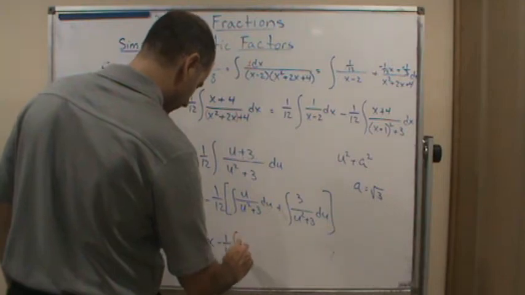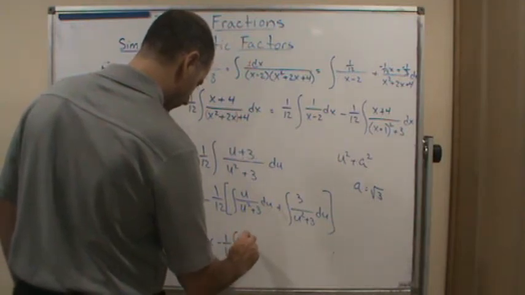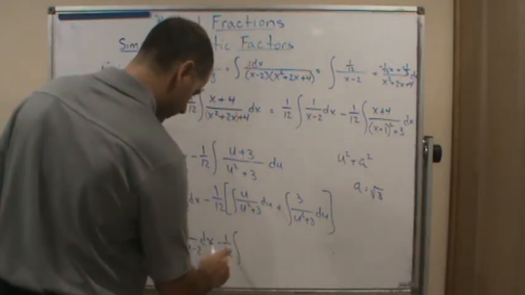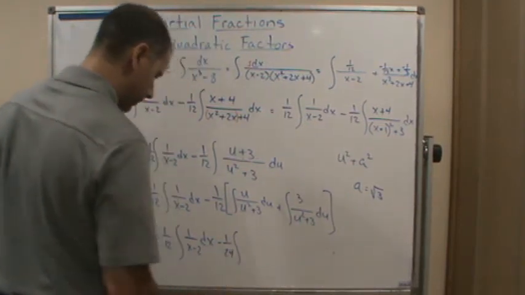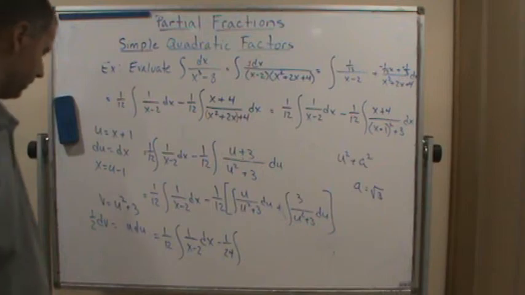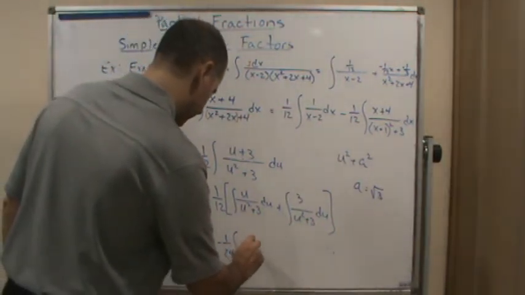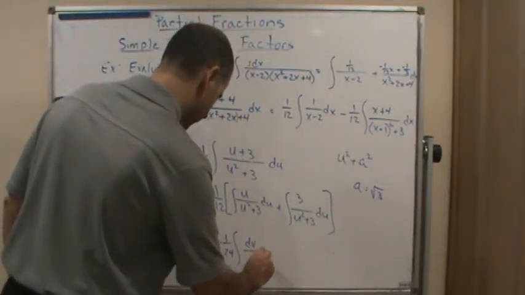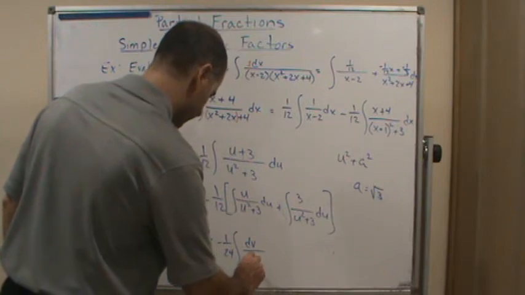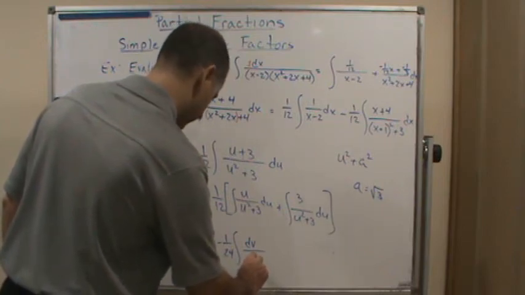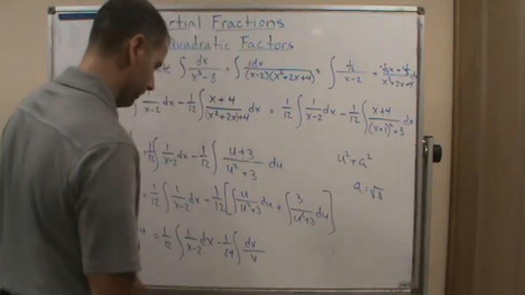So that's going to be 1/24, and that's going to be dv over v.